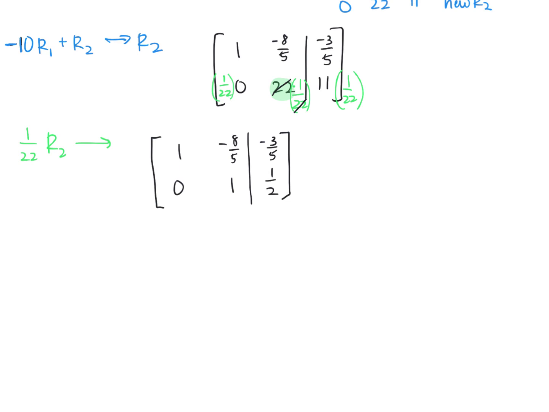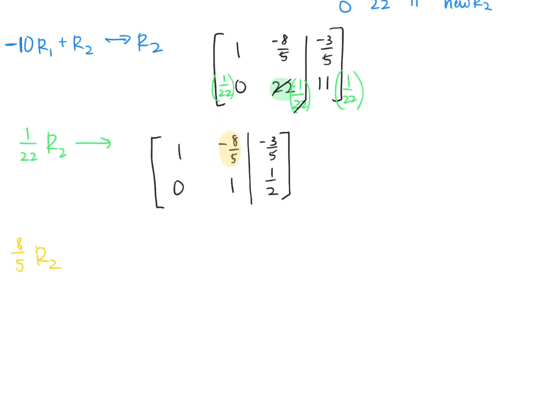What's causing the problems now is I need this -8/5 to be 0. To make a 0, you always multiply the row that has the 1 by the opposite of what you're trying to zero out. Since we're trying to zero out a negative 8/5, we want to multiply row 2, because that has the 1 in it, by a positive 8/5.